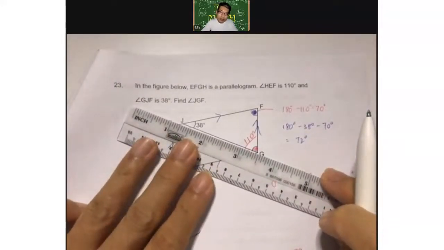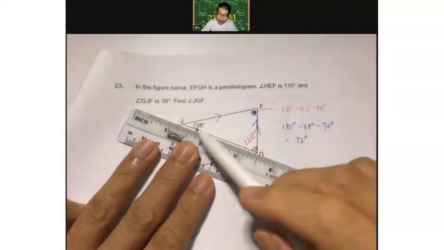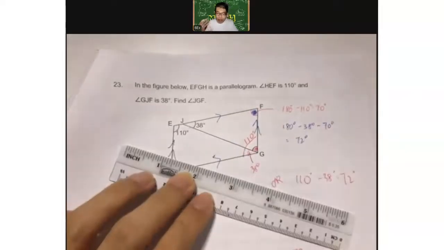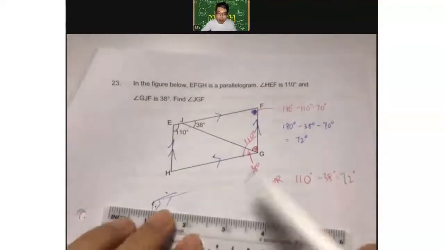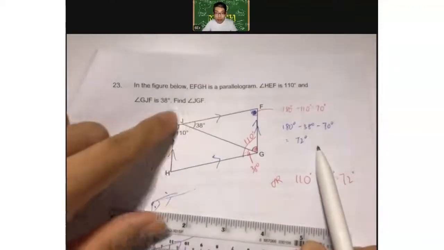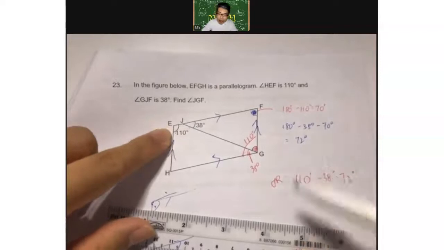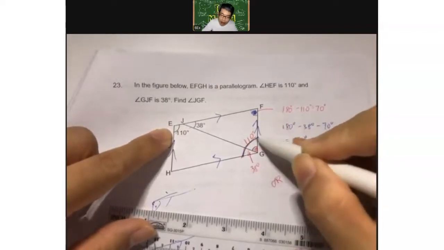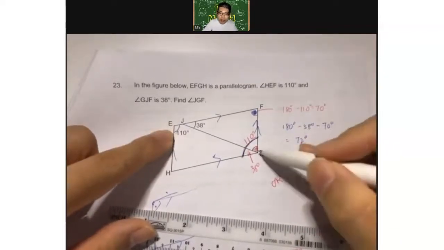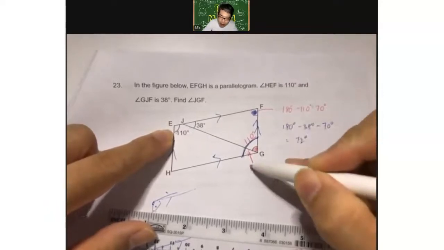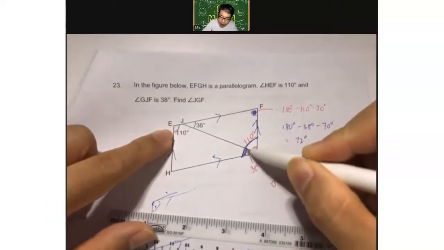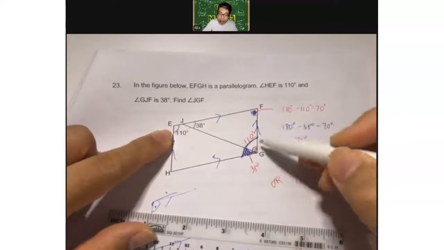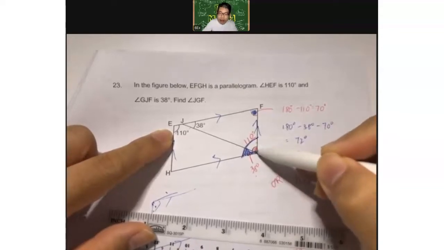I can talk about 180 degrees minus these 2, I get this. That's one way of doing it. Another way is, alright, opposite angles are equal, right? So this angle here, 110, is the same as this angle, 110. If I can find out what is this angle in blue here, 110 minus this angle, I get this.